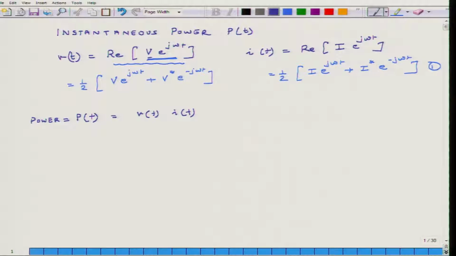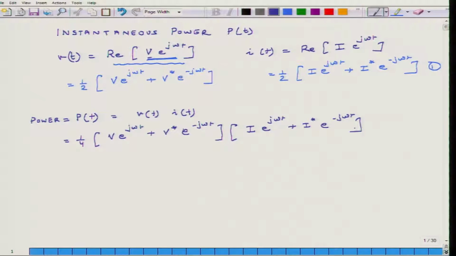If I use equation 1 in this expression, I get 1/4 of V e^(j omega t) plus V star e^(minus j omega t), times I e^(j omega t) plus I star e^(minus j omega t). Okay. Now I expand it.